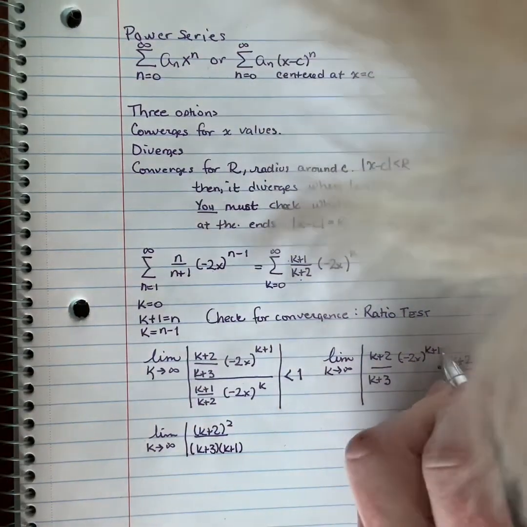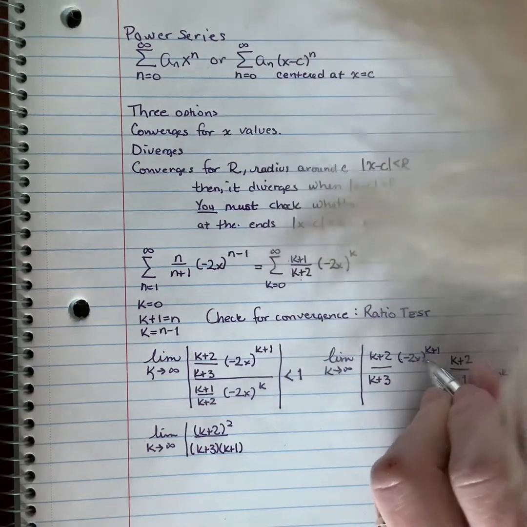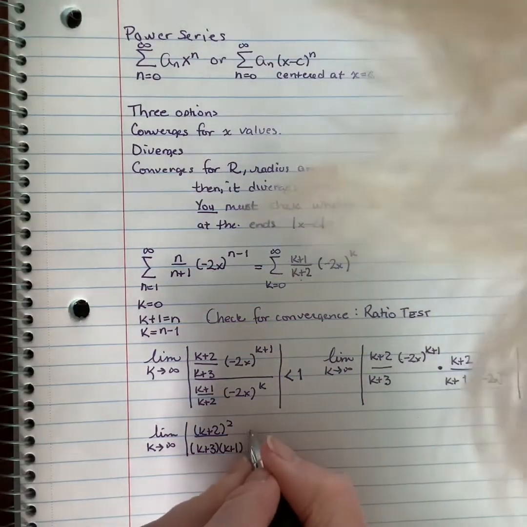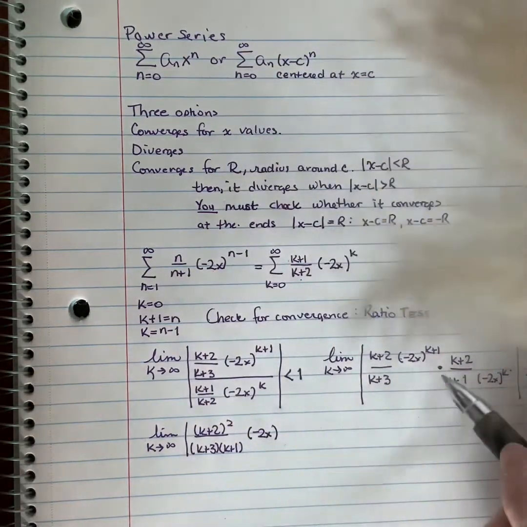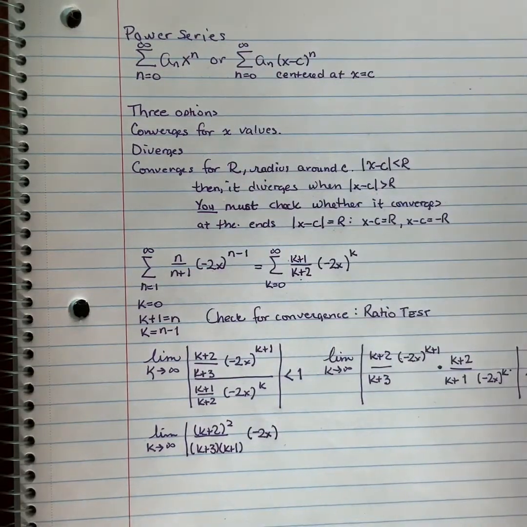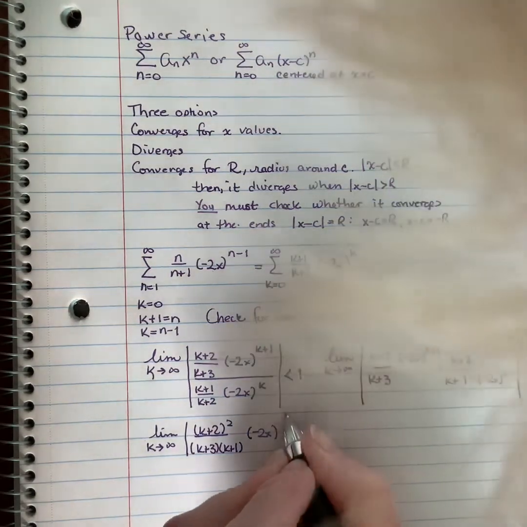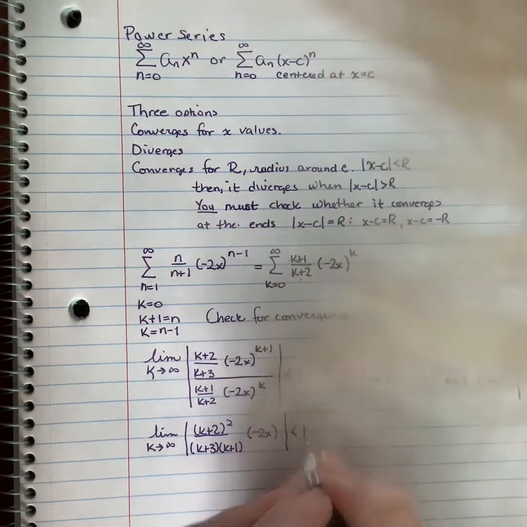And then I've got these. They're almost identical, except this has an extra power, so I'm just going to put minus 2x. Algebra tells us that we subtract exponents, so k+1 minus k is 1. So there it is. And this stuff's got to be less than 1.